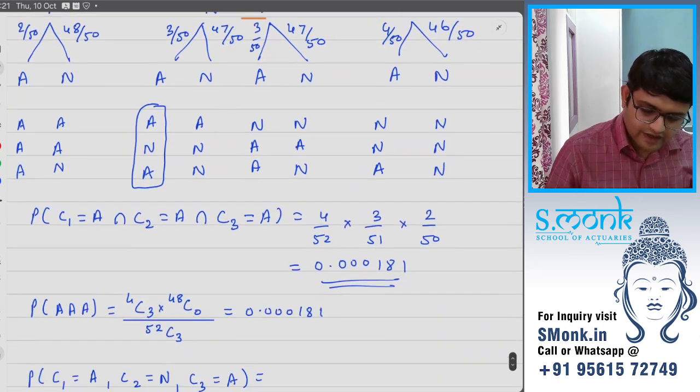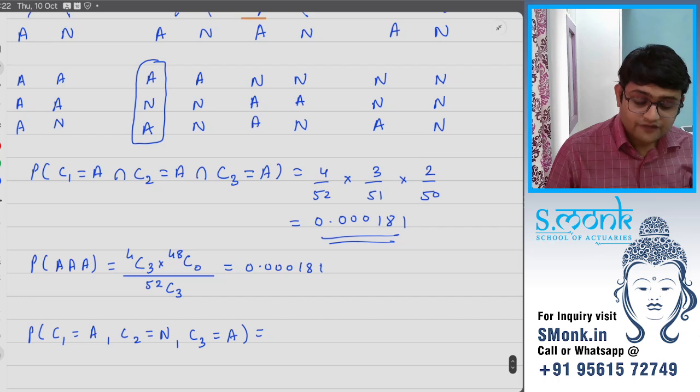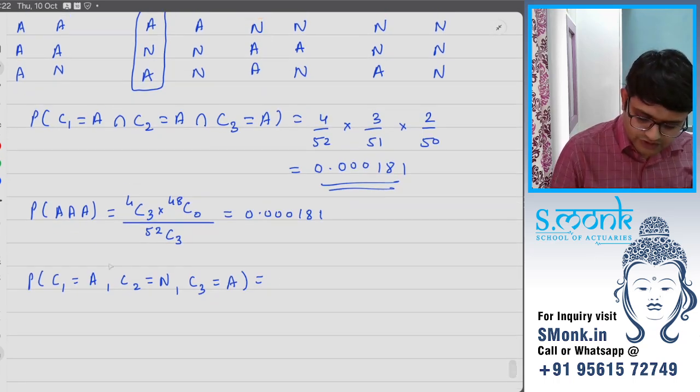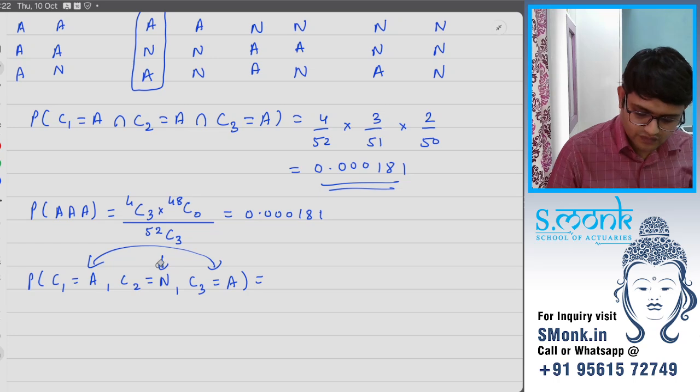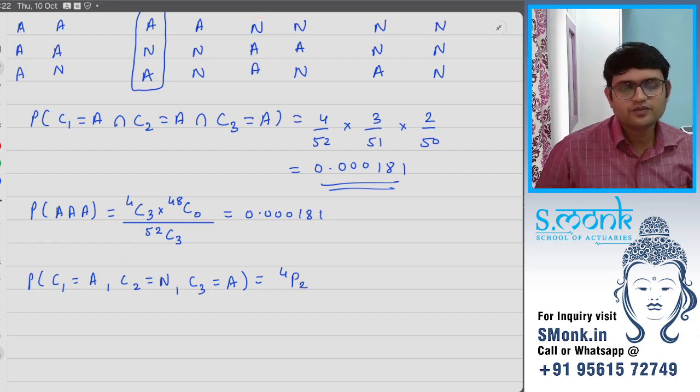But let's say I find it without making the tree diagram, I will write permutations. So in permutation, now I have 2 aces here and 1 not an ace. So I'll say out of 4 aces, I need 2 and then arrange them in one particular order.